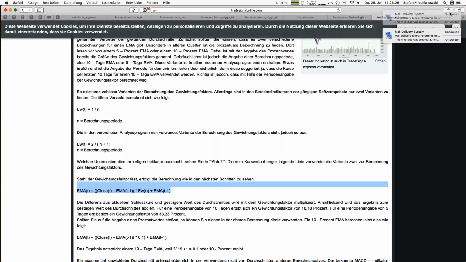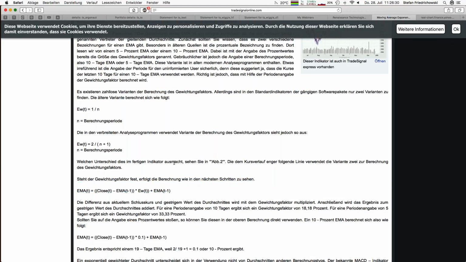Here in this case, once again, the site is in German, but you can find similar pages in English as well. And you see the most important step is one formula here: how to calculate the EMA. It's based on the close value of the current candle minus the EMA of the previous one, times a certain factor, which I come to later, and then plus the EMA of the previous candle once again.